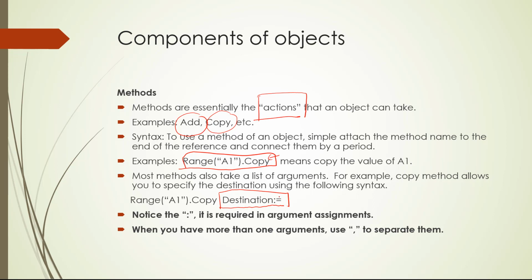The other thing to pay attention to is that you don't just say destination equal to, you also have to add this colon before the equal sign. This is a fixed combination. You always have to do this following an argument. And here we have one argument. If you need more than one argument, you will just use a comma to separate different arguments.